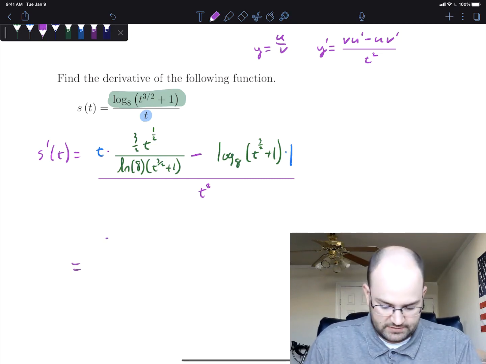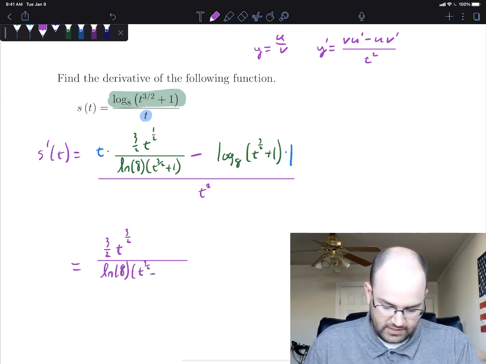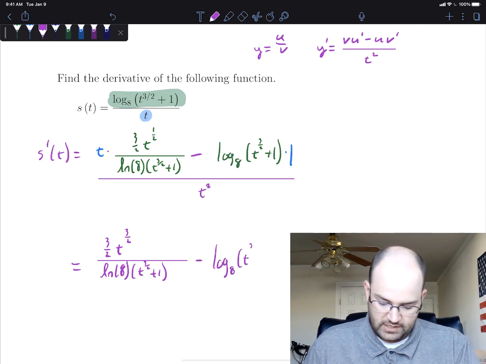So making this 3/2 t to the 3/2 all over natural log of 8 times t to the 3/2 plus 1 minus, and then log base 8 of t to the 3/2 plus 1, all over t squared.